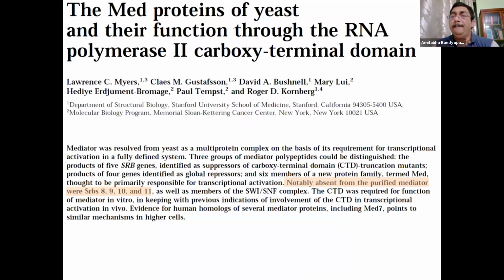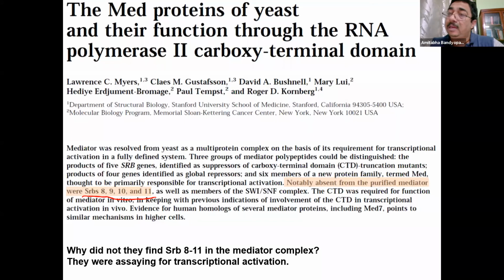So when Roger Kornberg's group purified the mediator complex, they found that SRB 8, 9, 10, and 11 were never present in the mediator complex that they isolated.